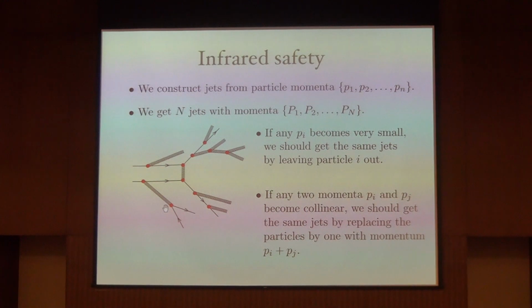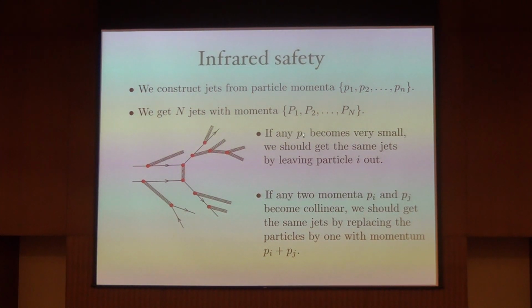So to state it a little more formally, what we're going to use to make a jet definition is a bunch of particles. Supposing particles with momentum P1, P2, P3 up to Pn. That's a fairly large number of particles. And out of those particles, we're going to have some definition that says I've got 3 jets in my event. So N equals 3 jets. And there's going to be some algorithm that tells me what jets I get, what particles make up my jets.